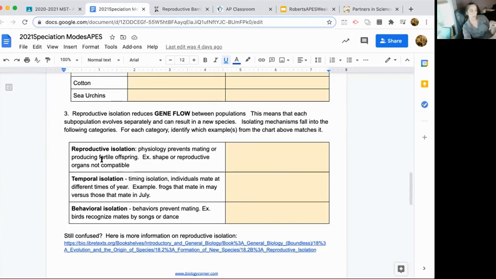When you get into AP Bio, you'll get much more into pre-zygote, before fertilization, during fertilization, and after fertilization methods. At our level right now, we just need to know the one about timing, the one about behavior, and in general reproductive. So yes, just the general term is fine.